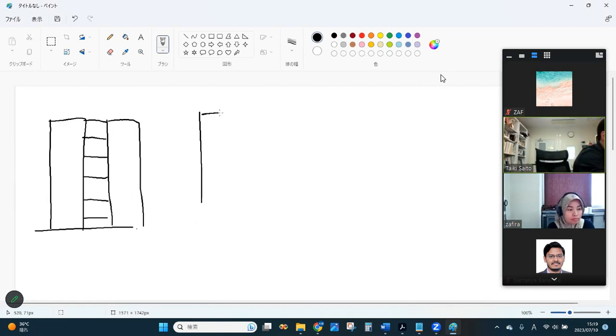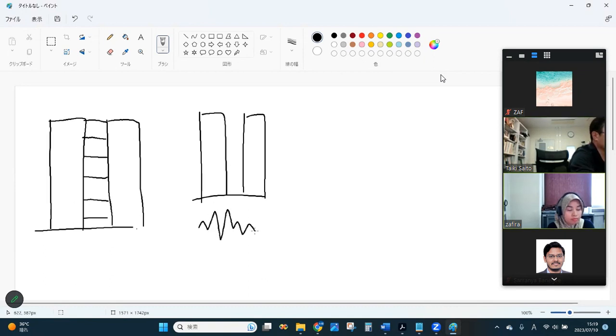You must check the case with no coupling beam, just two individual walls, and you input the design earthquake. The story drift must be more than the target drift, 1/250.